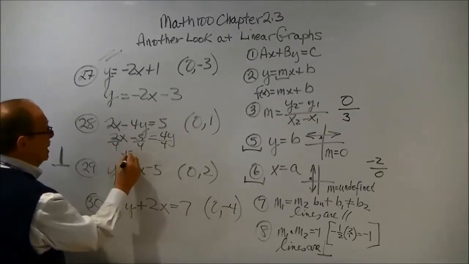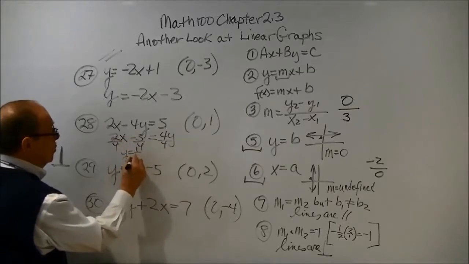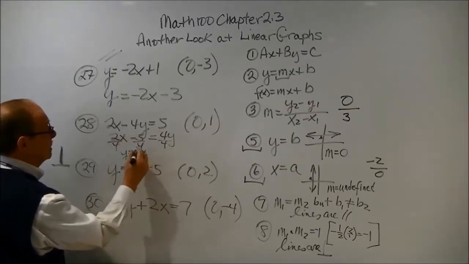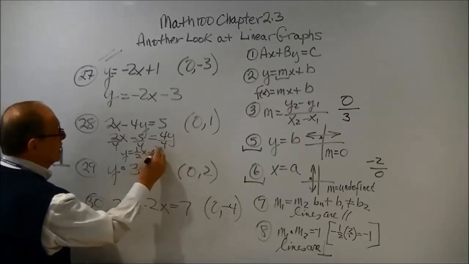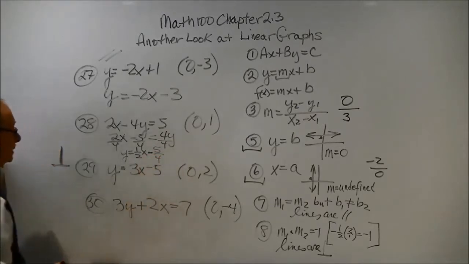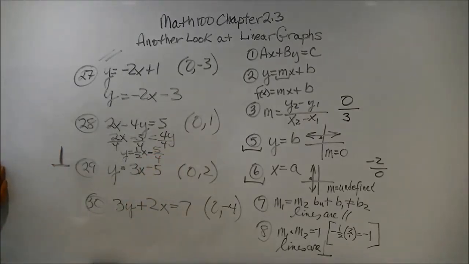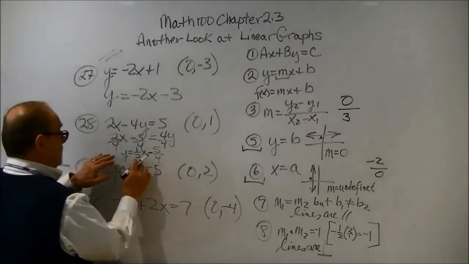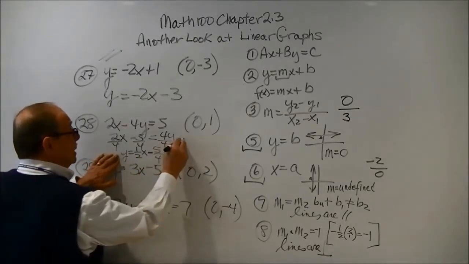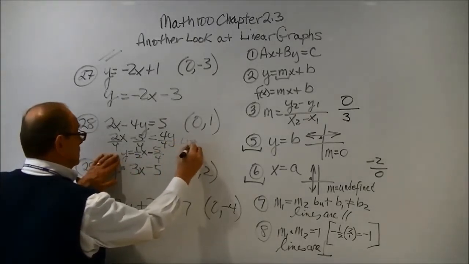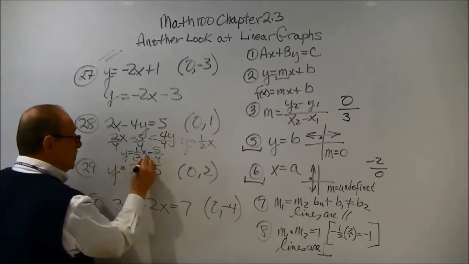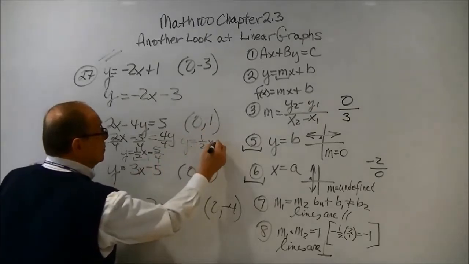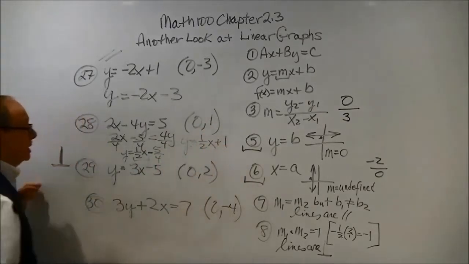I get y equals 1/2 x minus 5/4. So my new equation would have that same slope, y equals 1/2 x, but now with my new y-intercept, 1.